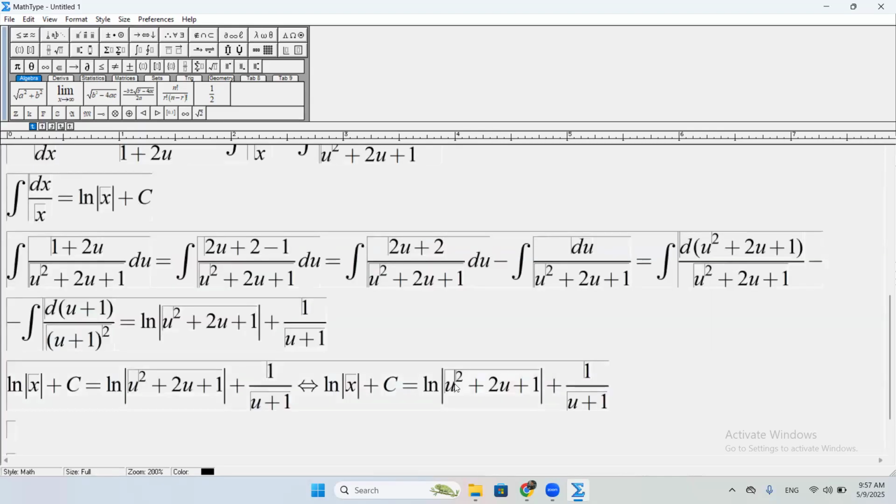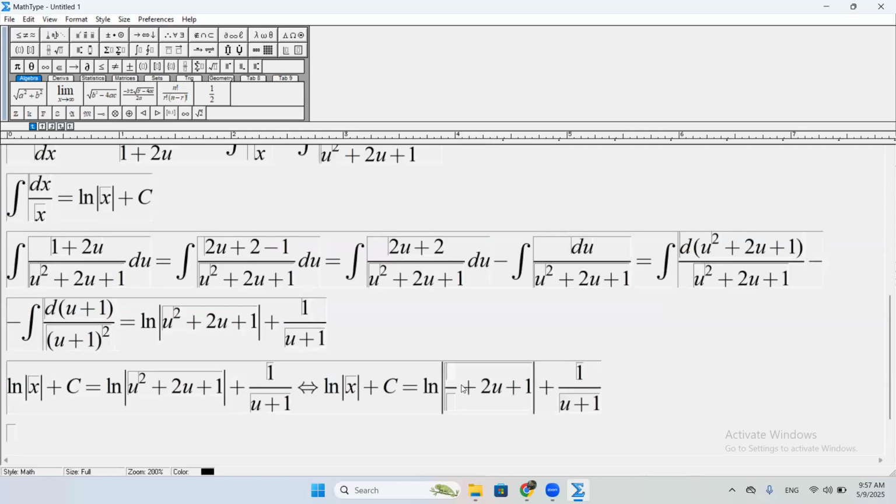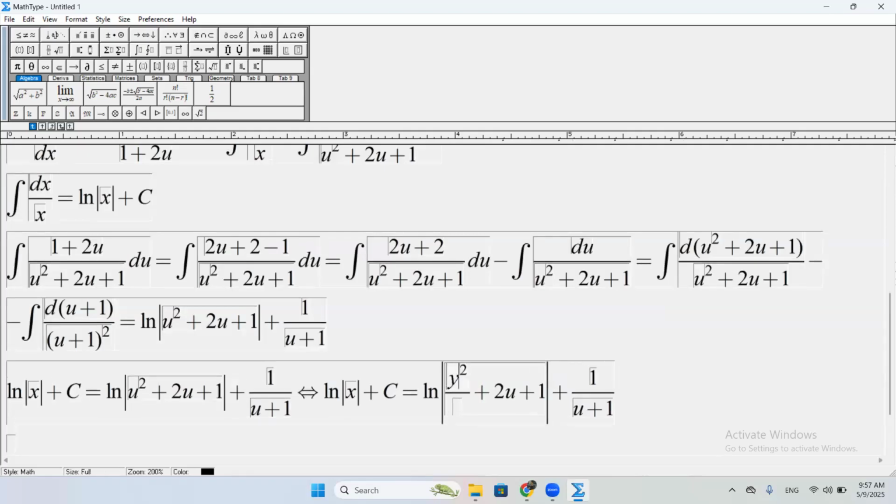So here what will be x square over y square? Oh, stop, y square over x square. And 2 y over x. And here as well y over x. So this is the final answer.